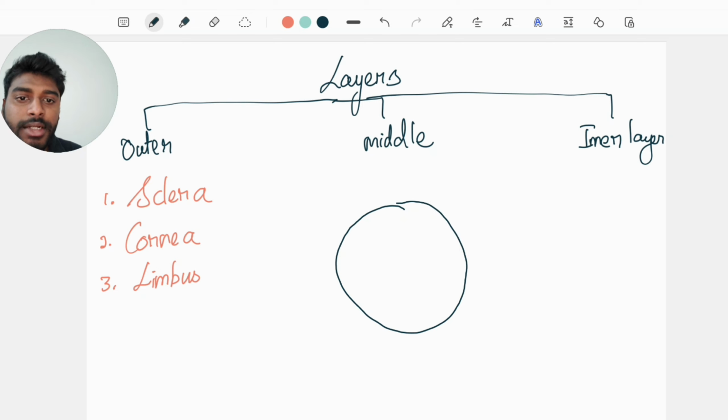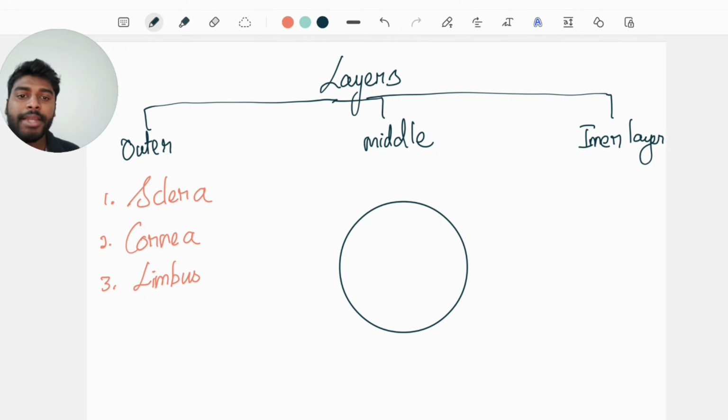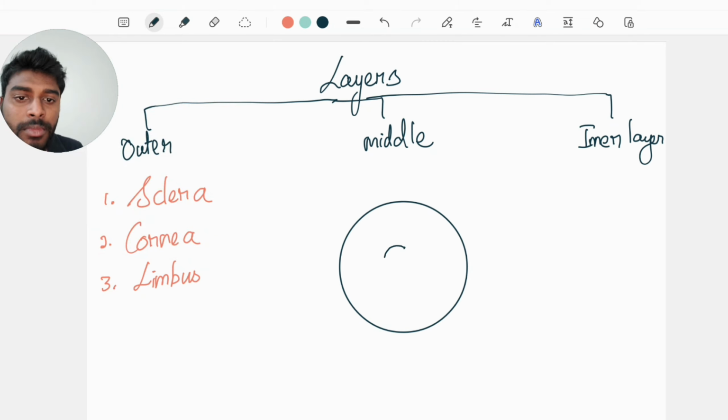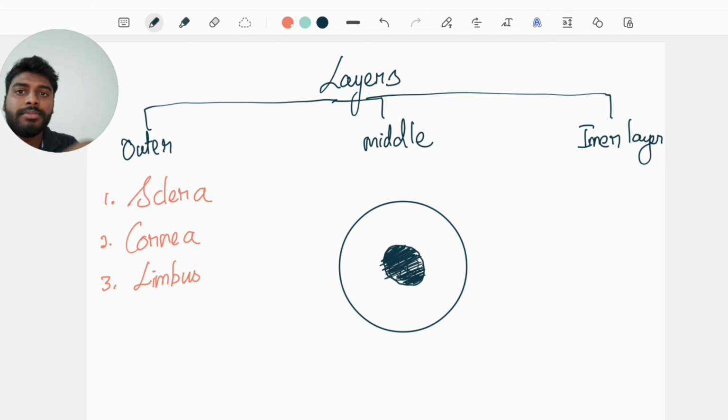If you consider this as the eyeball, the inner part is actually visible with our naked eye. This outer part, the white color, is called the sclera.